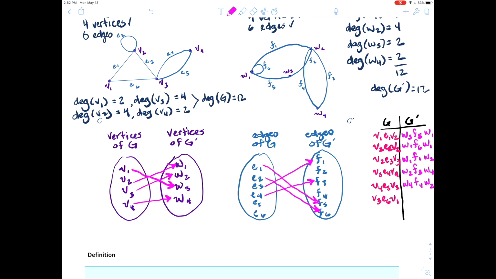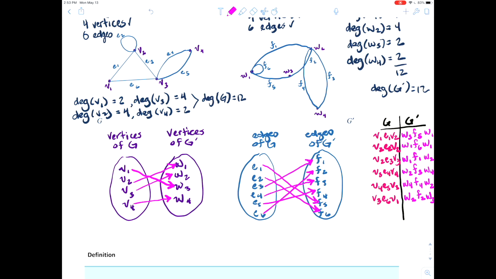Cool so far? So now we have a correspondence between edge E5 and F4. Okay, just one more left. If edge E6 corresponds to F2, we're good to go. Now we're going from W2, and V1 corresponded to W3. When I look at W2 and I go to W3, F2 is in between those. And yes, that means that we've got the correspondence.